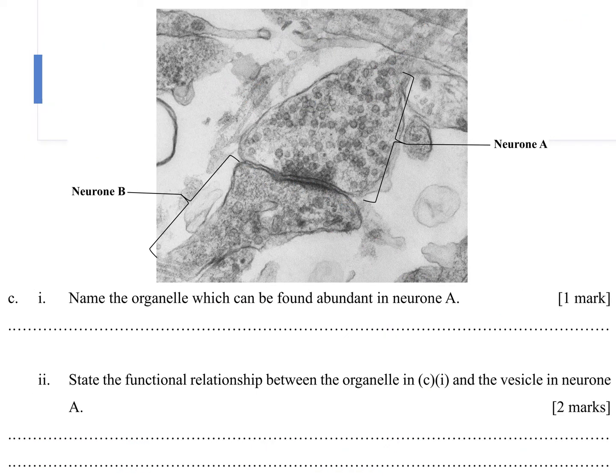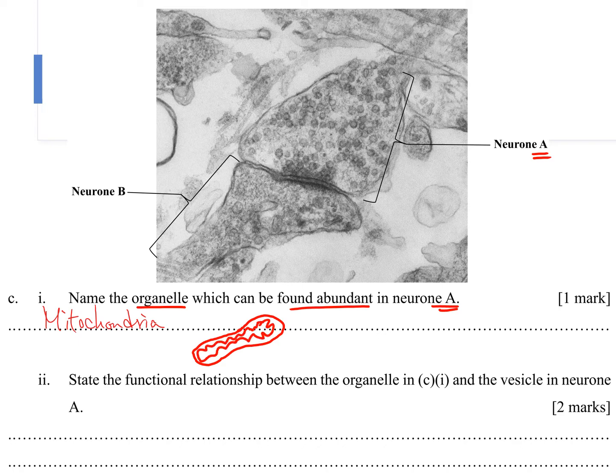Question C1. Name the organelle which you can find abundant in neuron A. Or which organelle is found in great amount in neuron A? It should be the mitochondria, which is a sausage-like organelle, and it helps to produce energy.